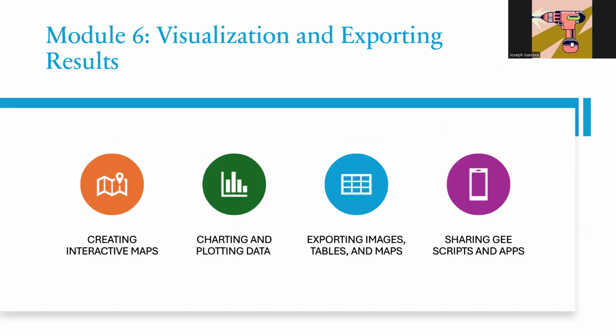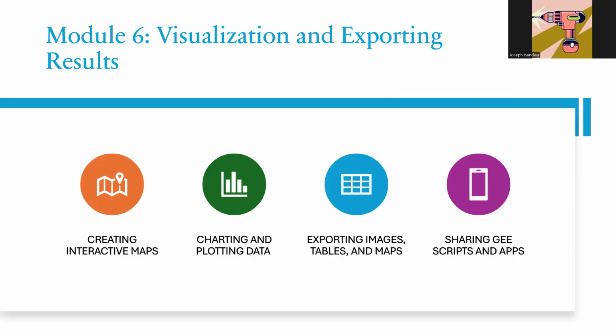In the sixth module, which is the next module, we'll do visualization and exporting of results. Whatever we'll be analyzing, we must end up with tangible results. These results are what we are going to export. So we will create interactive maps, first of all, and then we will do charting and plotting of data.